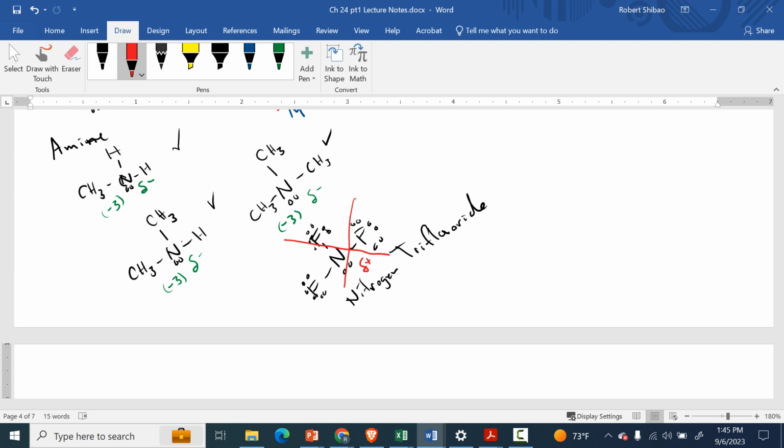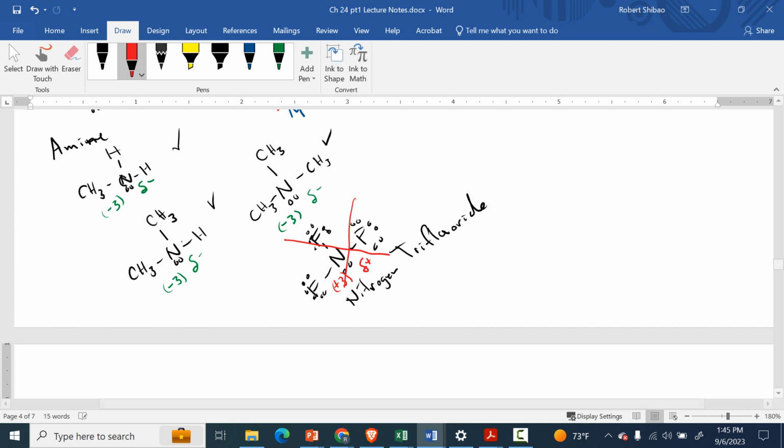And not only that, let's take a look at its oxidation state. What is the oxidation state of nitrogen here? Well, winner take all. Fluorine's going to take all the bonding electrons, which leaves nitrogen with just 2 lone pair electrons. Nitrogen is supposed to have 5 electrons. It only has 2 electrons. Therefore, it's got a deficit of 3 electrons, which means it's going to be +3 oxidation state. +3 is going to make it a lot less basic.